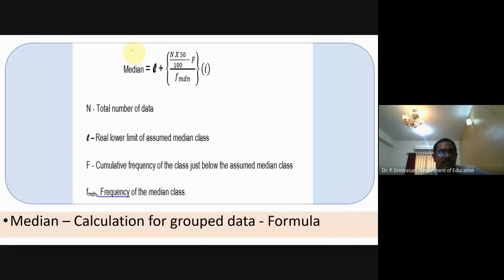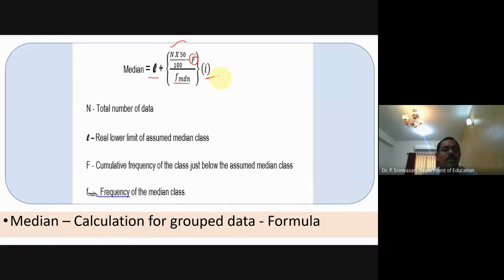For grouped data, which means frequency distribution, this is the formula. You need to know 5 things: the true lower limit of the assumed median class, n, the total number of data, F, the cumulative frequency of the class one below the assumed median class, the frequency of the assumed median class, and the class interval h.